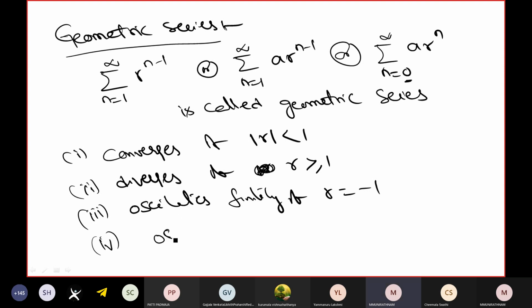Oscillates infinitely if r is less than minus 1, okay na? Yes, please.